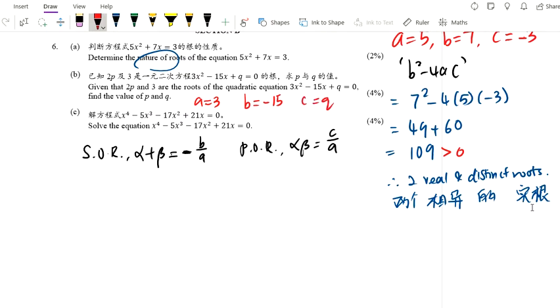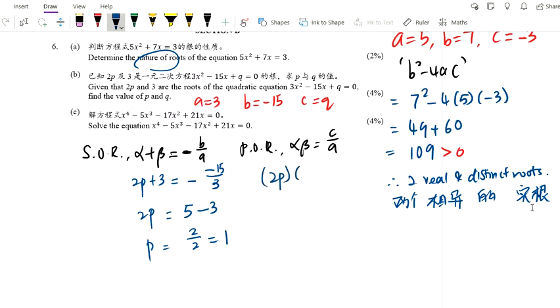Then alpha plus beta means 2p plus 3 equals to negative 15 over 3. Negative becomes positive, 15 divided by 3 is 5. Then minus 3, 2p equals 2, so p is 2 divided by 2, which is 1. Then for q, alpha beta, 2p times 3 is equals to c over a, which is q over 3.